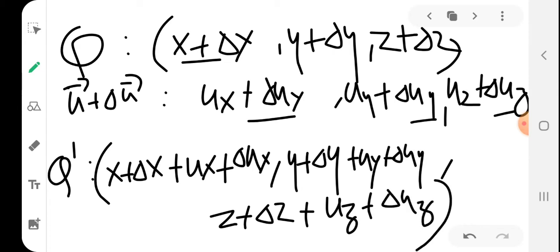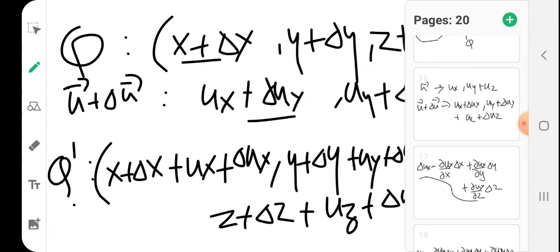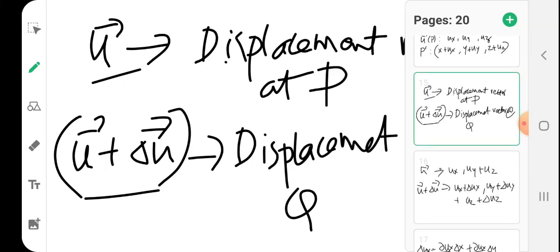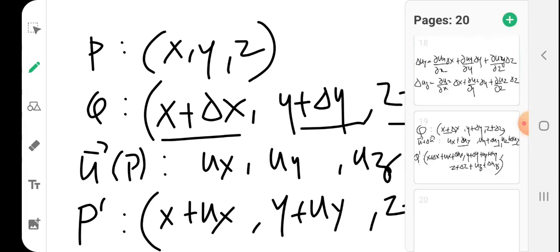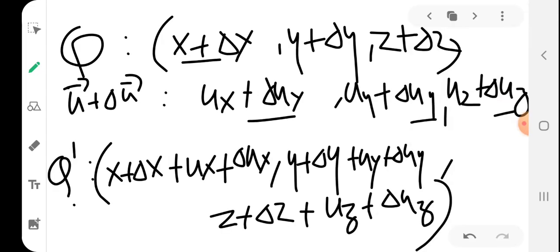So this is the new position of q. Q got displaced to q dash. Similarly, p dash is x plus ux, y plus uy, z plus uz. Q dash is x plus delta x plus ux plus delta ux, y plus delta y plus uy plus delta uy, z plus delta z plus uz plus delta uz. This is how the two points p and q are displaced to p dash and q dash.